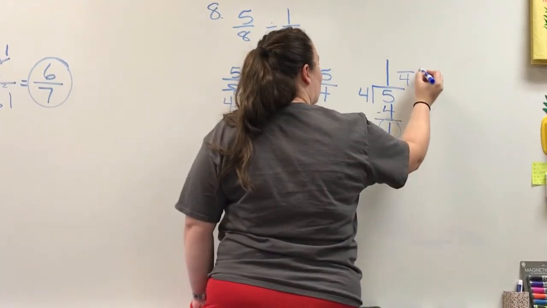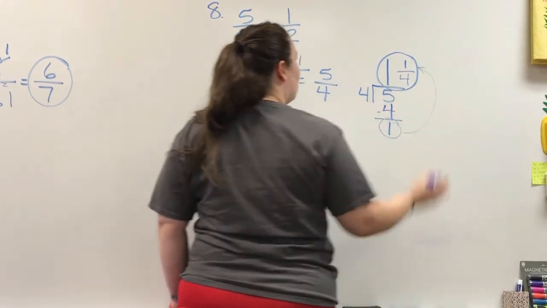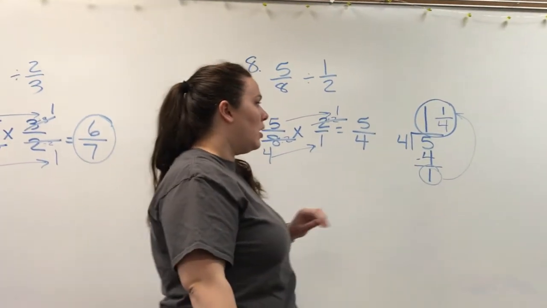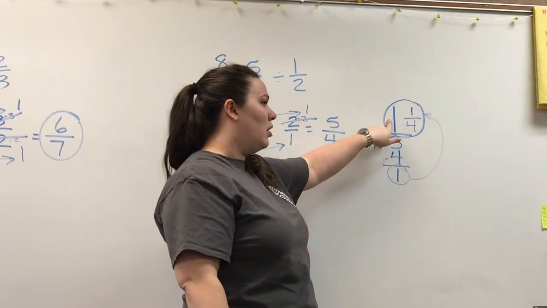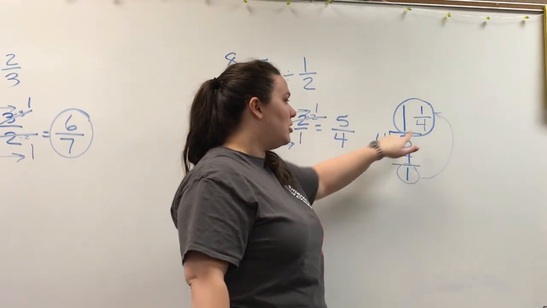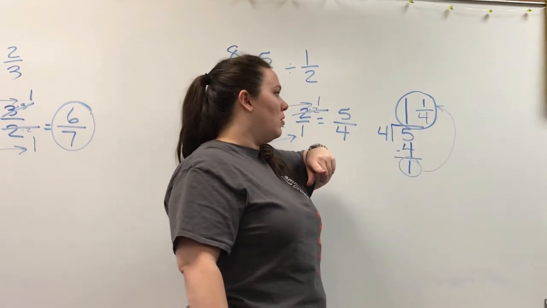The remainder always goes up to the numerator. So this is your final answer for problem number 8. Okay, when you divide, the number that's automatically at the top, that is your whole number. You keep the denominator, and then whatever your remainder is, that goes as your numerator.